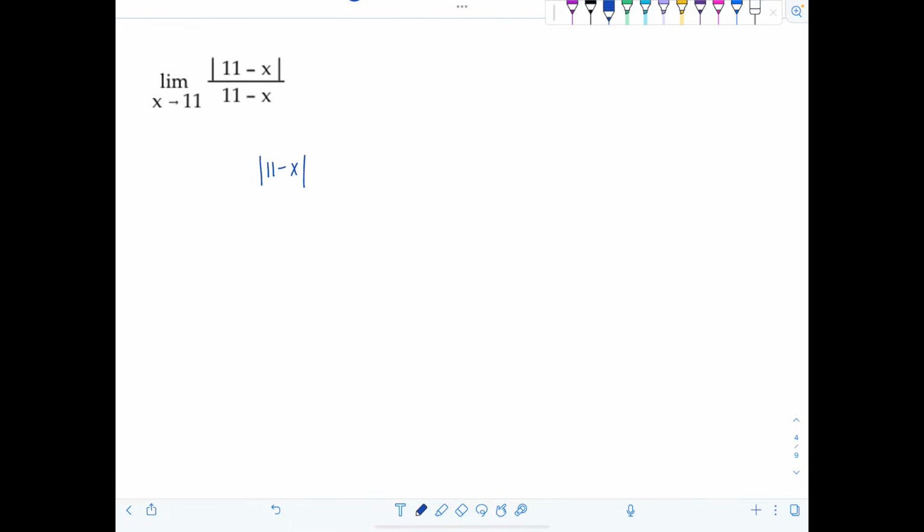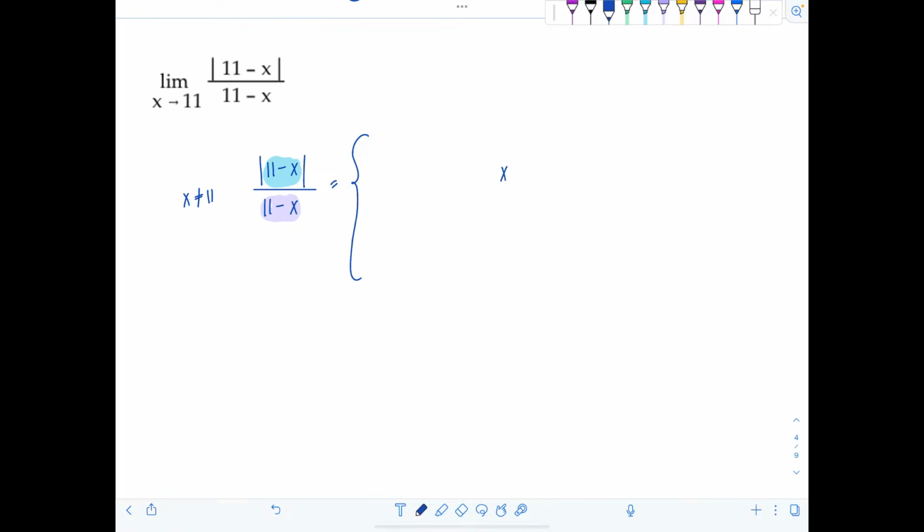If you need a review on how to rewrite absolute value functions piecewise, I'll link the video here. Okay, so to determine where to split the domain, you look at where the quantity inside the absolute value equals 0. It's at 11. And I have to be careful because I have 11 minus x in the denominator, so that means x cannot equal 11. It's not in my domain.